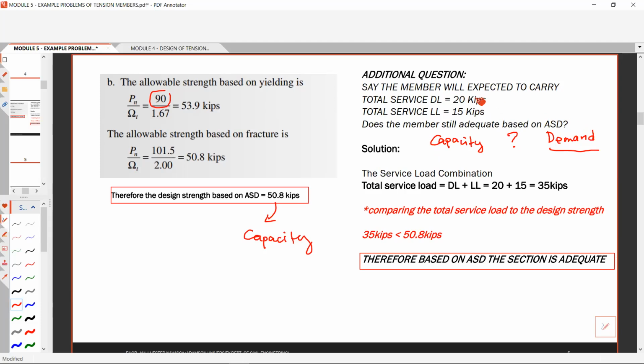With total service dead load and total service live load, the governing ASD load combination is dead load plus live load. So you have a total service level load of 20 plus 15, you get 35 kips. Comparing the capacity to the demand, since you have the capacity of 50.8 and you are just carrying 35 kips, we can say that our section is adequate. That is how you solve for the adequacy of steel tension members.